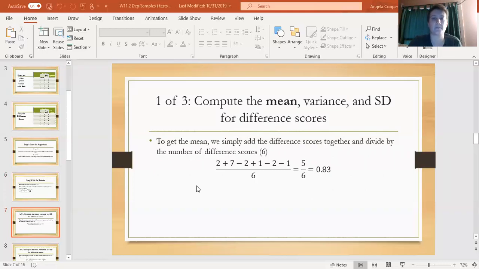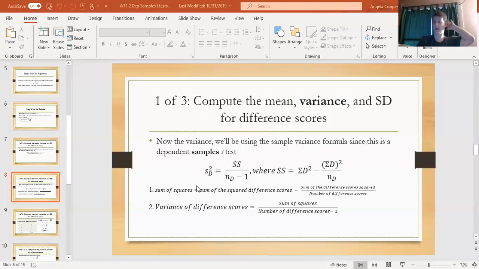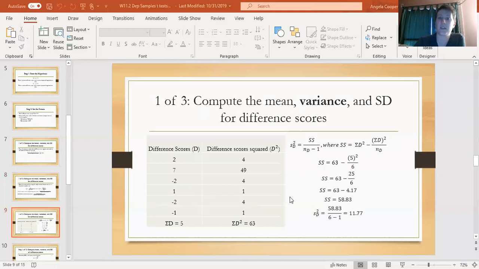Now the variance, again, back to this slightly confusing part, and if you get confused by this, it's okay, but just follow along carefully. So here we are at the variance of the difference scores. Same formula, but now let's plug in the numbers for this problem. Here are our difference scores, 2 plus 7 minus 2 plus 1 minus 2 minus 1. That gives us the sum of the difference scores equal to 5, which is where we put it right here.